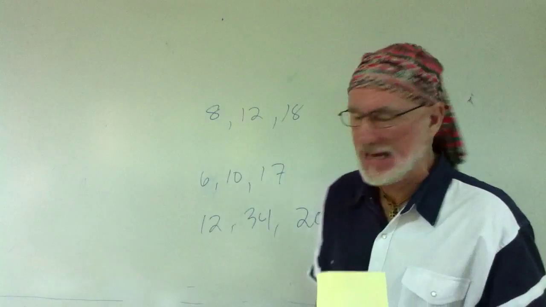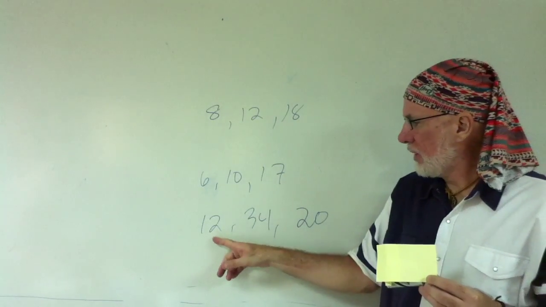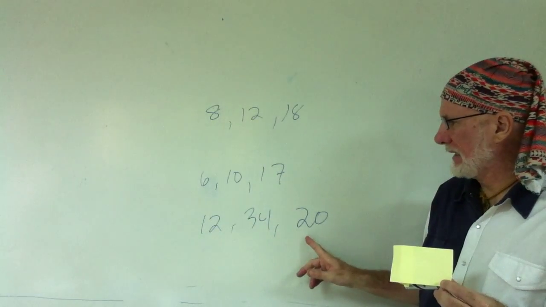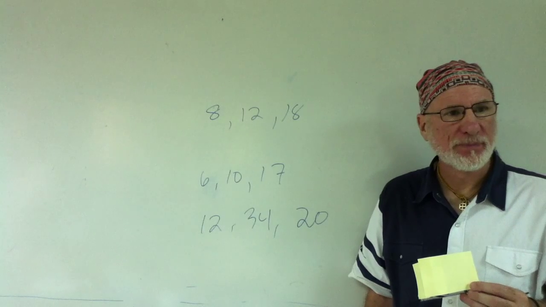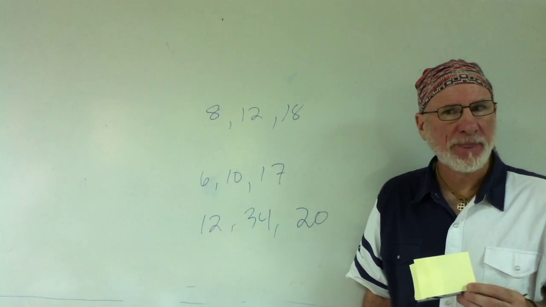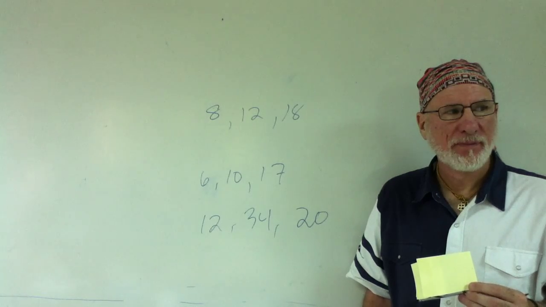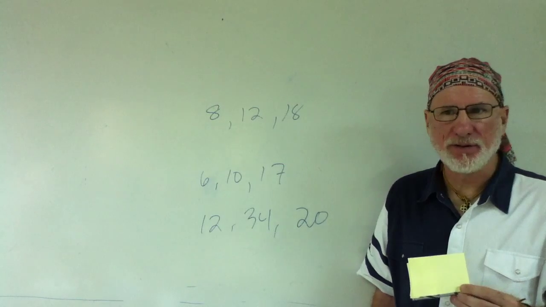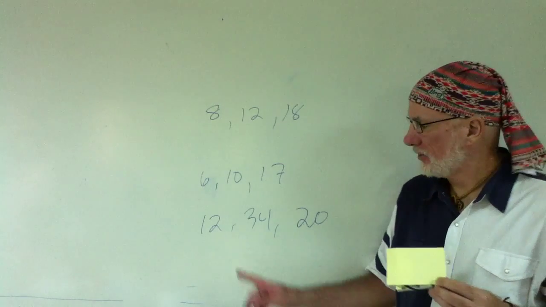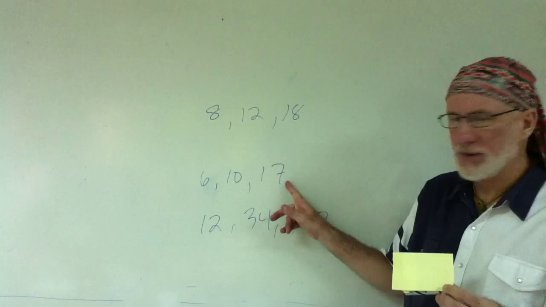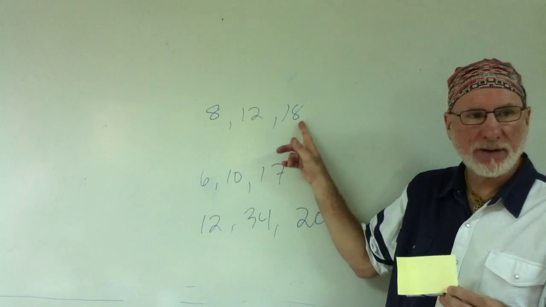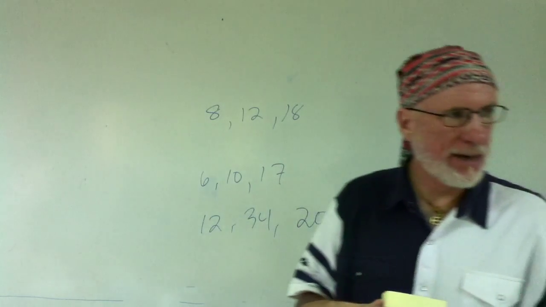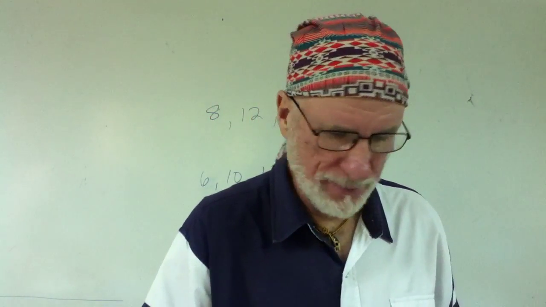Nice recovery. 12 plus 20 is what? 32. Is 32 greater than or less than 34? Less than. Is that going to form a triangle? No. Form a triangle? No. You get it? Make sense? A little clearer? All right?